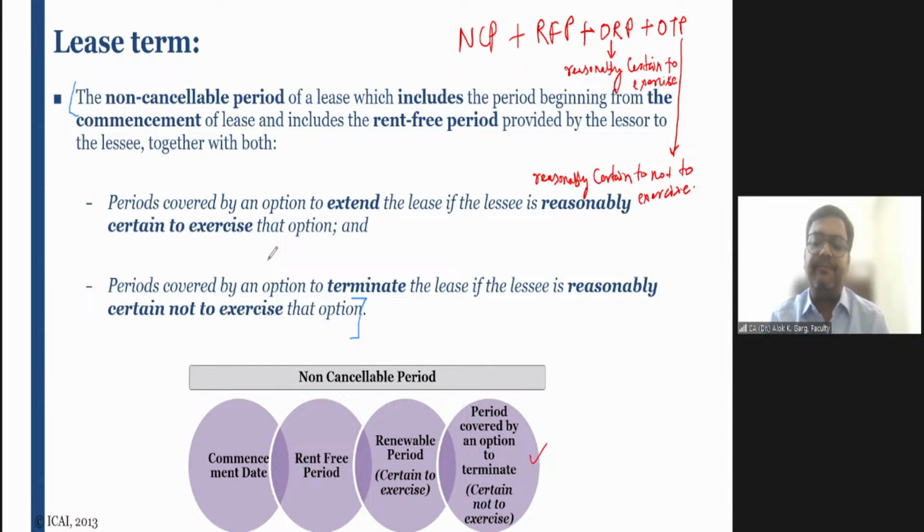For example, the agreement has been signed for 3 years, but the lock-in period, what is meant by lock-in period? Lock-in period means a period for which you have to pay the rental to the lessor, right? If you use or you do not use the property, still you have to pay the rental. For example, after 1.5 years, Shruti decided to move out from this property.